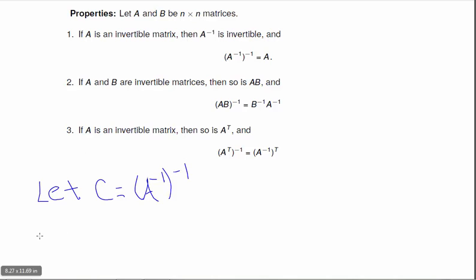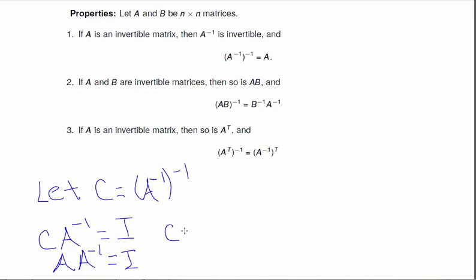Well, then by properties of the inverse, I know that C times A inverse is equal to the identity. But I also know that A times A inverse is equal to the identity. And since the inverse is unique, C has to be equal to A. So that gives us the first one.